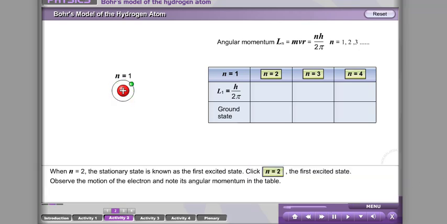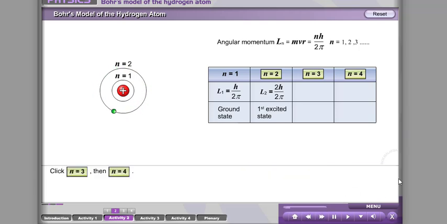When n equals 2, the stationary state is known as the first excited state. Click n equals 2, the first excited state. Observe the motion of the electron and note its angular momentum in the table. Click n equals 3, then n equals 4.